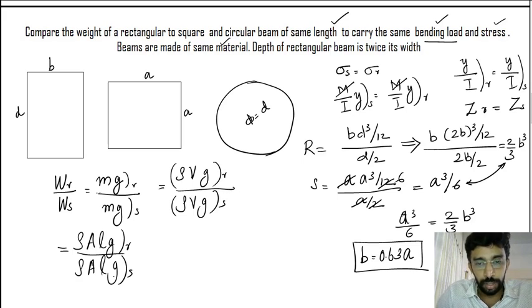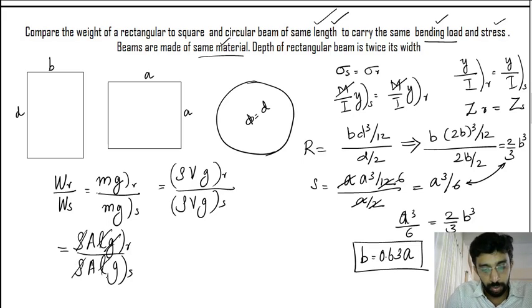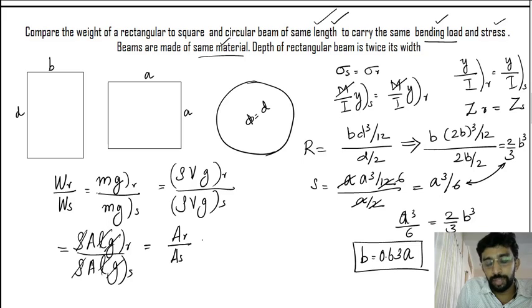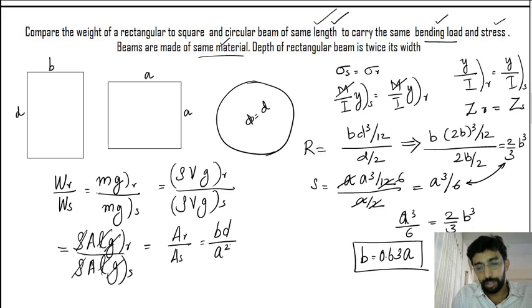The question clearly states that the material is the same, so the density will be the same. We can cancel these two. They have stated that the length is the same, so we can cancel out L, and g is also the same. What is left is the area of the rectangle divided by the area of the square, which is b into d divided by a squared.